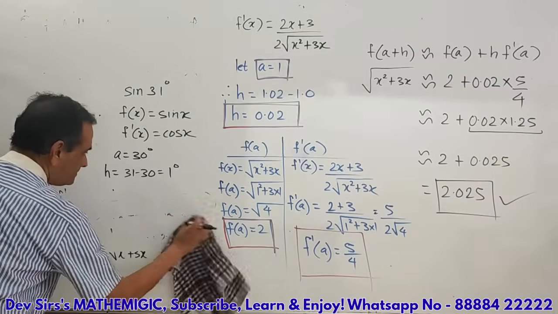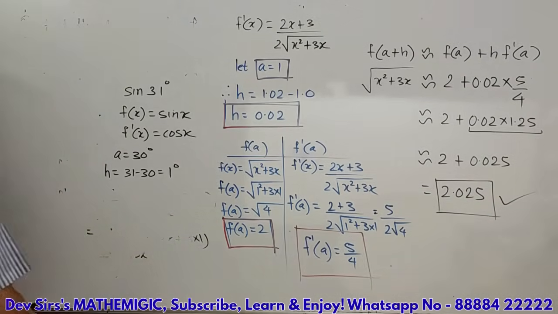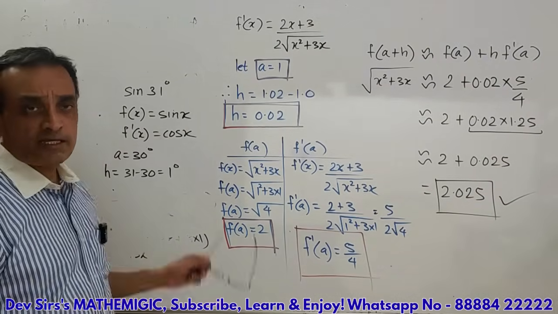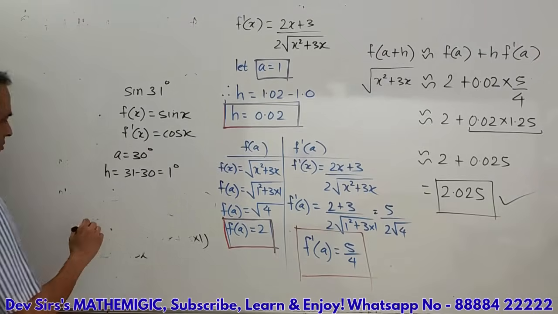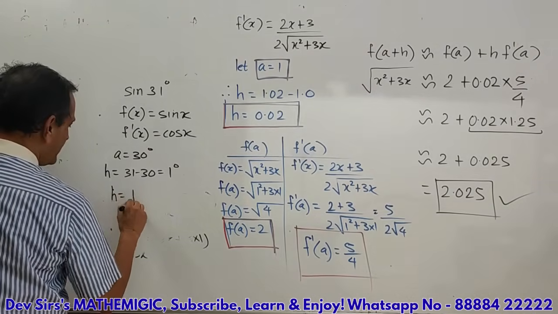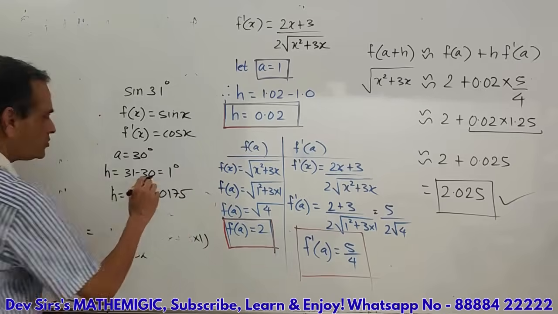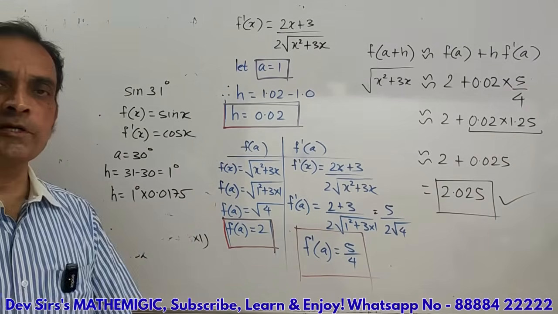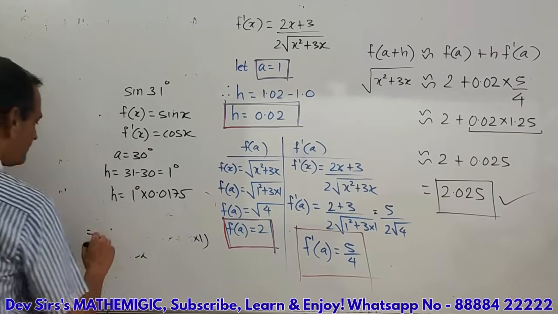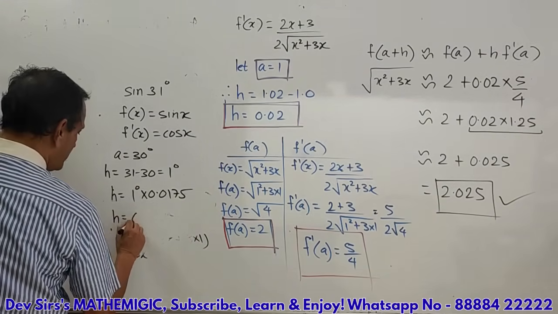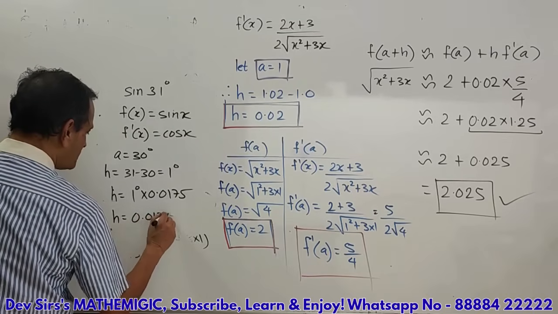Now remember, in problems of degrees, h has to be converted into radians. It is usually given that 1 degree is equal to 0.0175. So after multiplying, the difference is always taken in terms of radians.